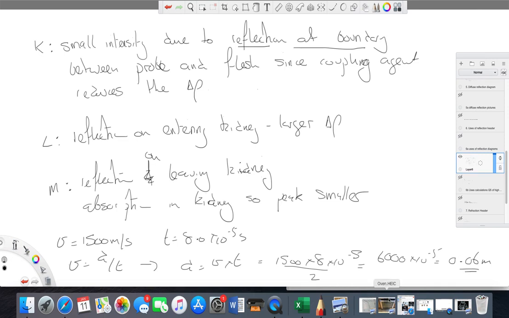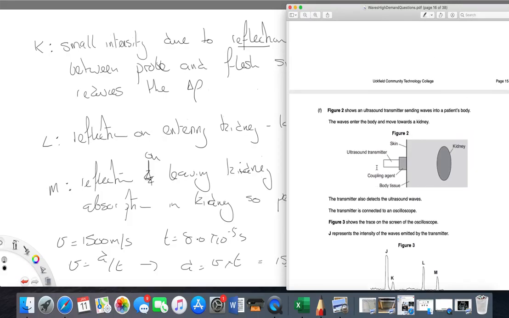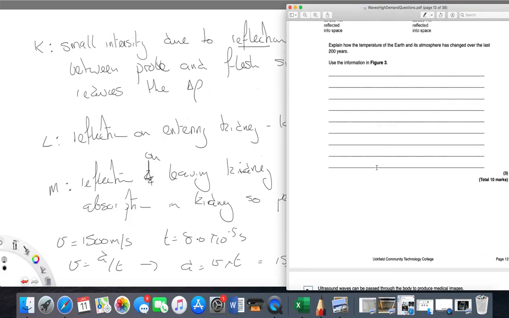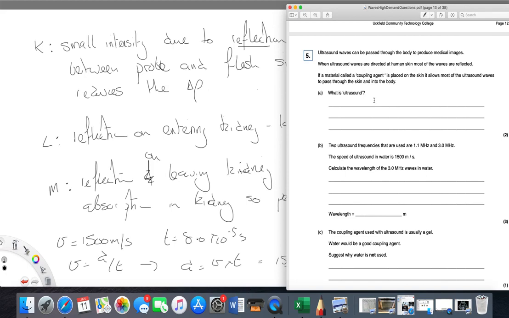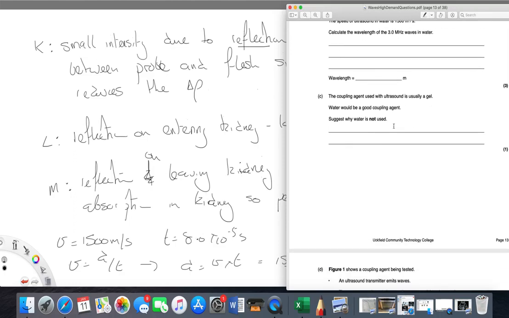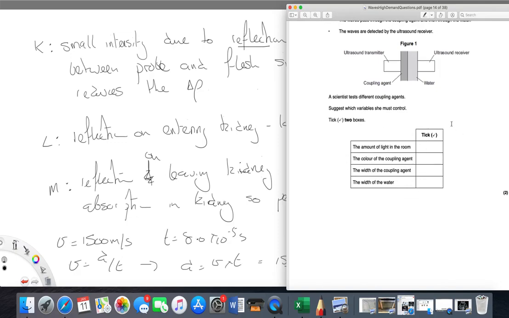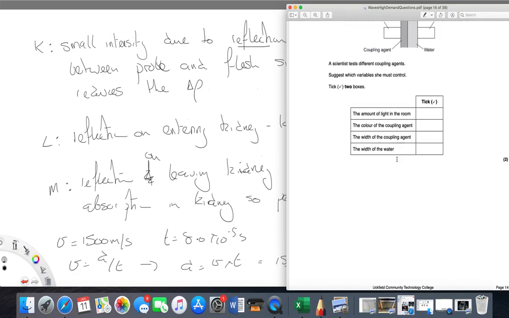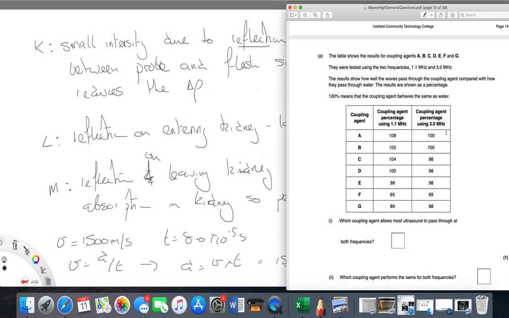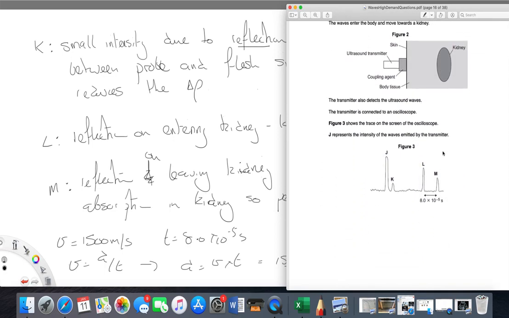So there you have how you would do a whole GCSE question on ultrasound. Calculate the wavelength using the wave equation. What's the coupling agent all about? A bit of how you do science experiments, a bit of data interpretation, and then into the actual ultrasound, really.